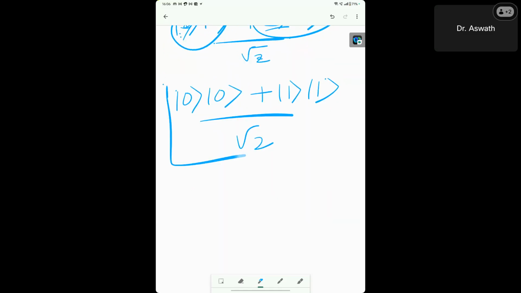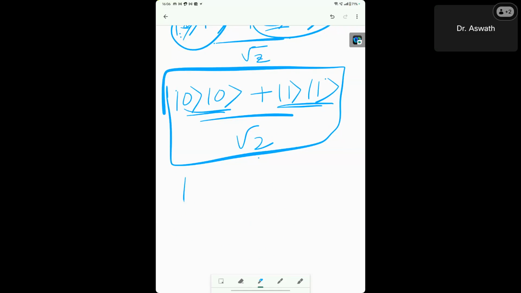Both of them can exist in the state 0, 0 with equal probability, or 50% probability, and 1, 1 with 50% probability. This is an interesting property. It's called an entangled system. Entanglement is created.